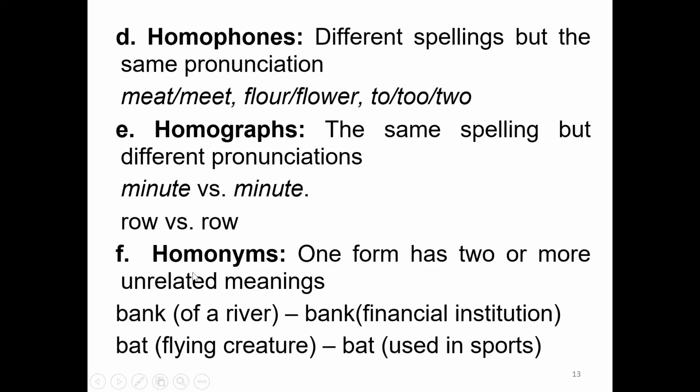Okay, so let's just move to another one. Homonyms. Homonym is defined as one form that has two or more unrelated meanings. Like the word bank, everyone. The word bank has two meanings, right? One is financial institution.